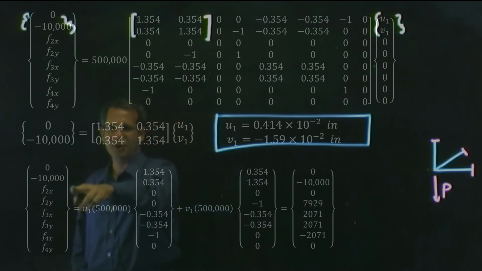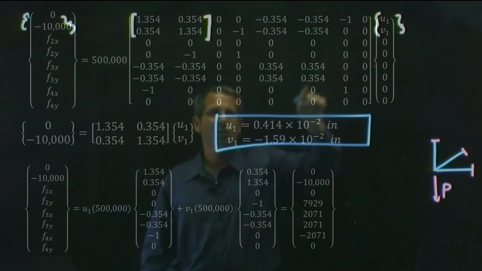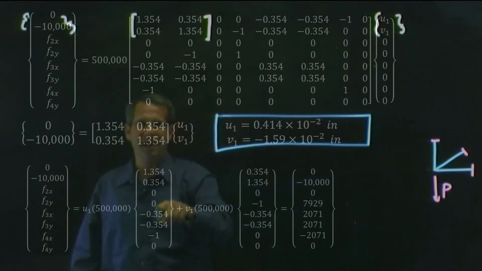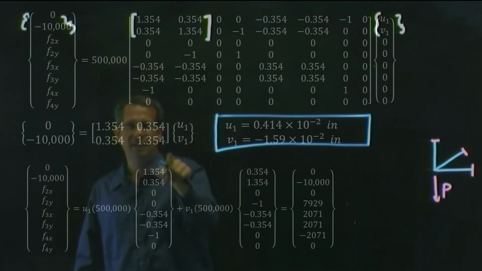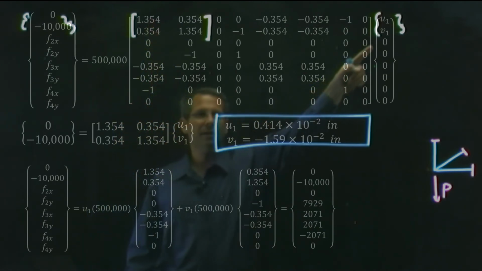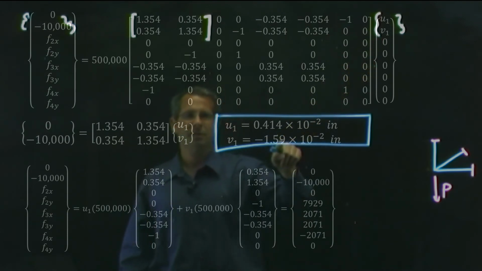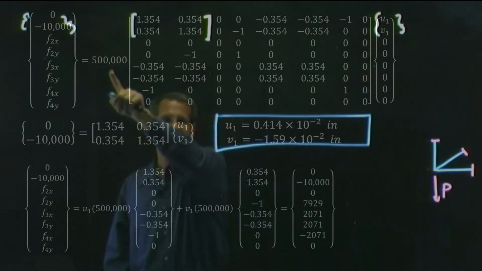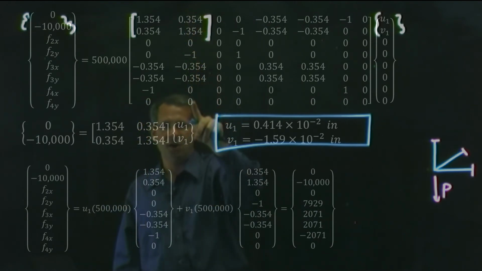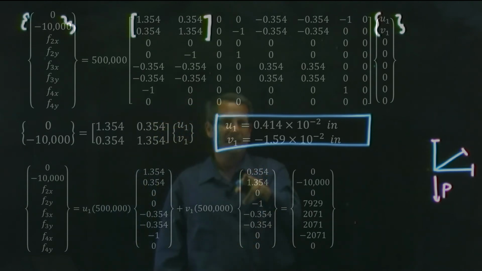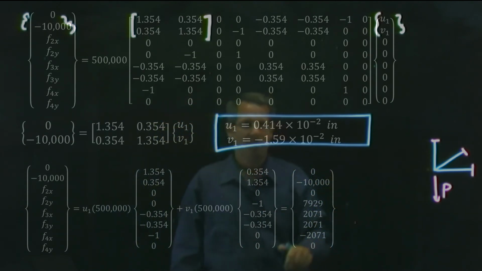I have my 2 known values. I'm just going to take the u1 value, which I now know, multiply it by this 500,000 we have out in front, times this vector, plus the v1, which I know, also multiplied by that 500,000, times the second column in my matrix, equal to the force vector that I'm trying to find.